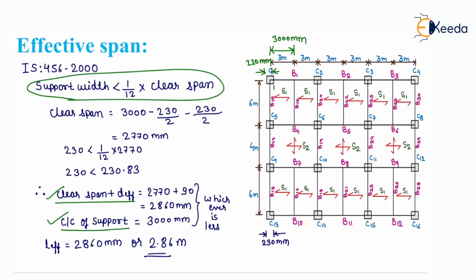Clear span plus D effective equals 2770 plus 90, so we will get 2860 mm. Center to center of support given in the question is 3000 mm. Whichever is less is called L effective. Therefore, L effective equals 2860 mm or 2.86 meter.